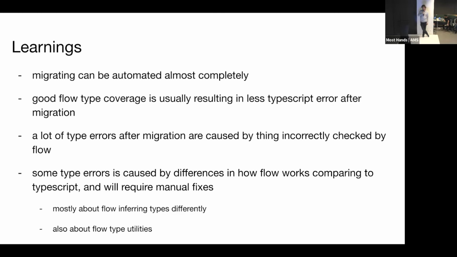And the last part is that there are still a lot of places where errors can be caused by differences in type systems. Flow infers things differently, so it still infers things from usages. TypeScript doesn't do that. It only infers from other things which you use to declare the current thing. So it always needs some manual fixes.